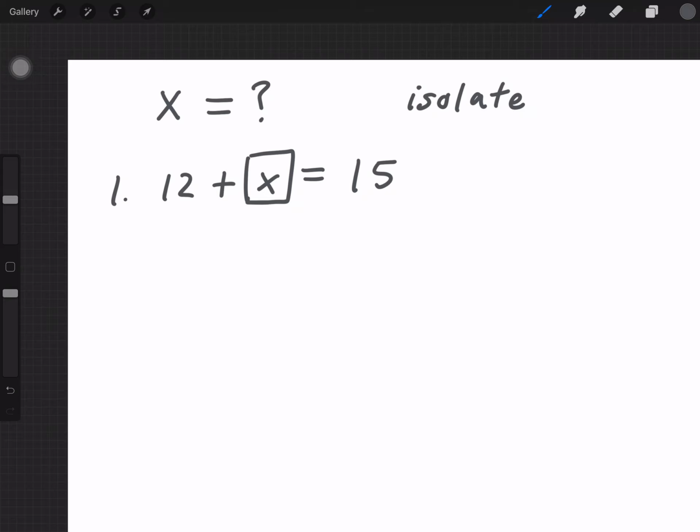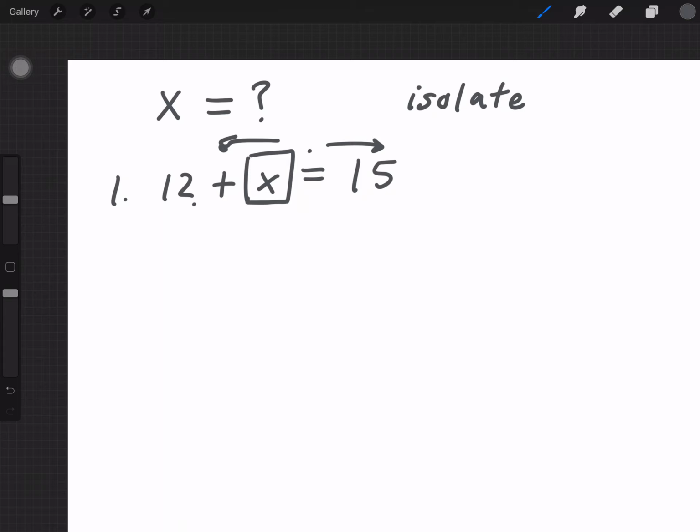When they say isolate the x, that means this equation is divided left and right with an equal sign. So there's the left side of the equation and the right side of the equation. What we want to do is make sure that the x is by itself on one side. And how we do that is, we see right now that the x is currently sharing this left side with the 12. We want to get rid of the 12.